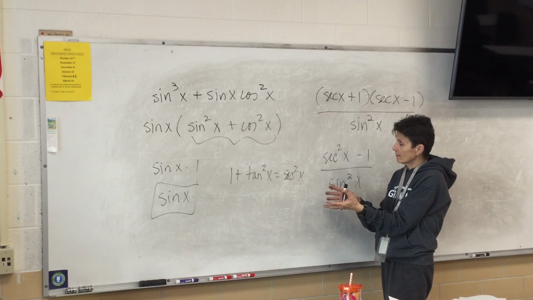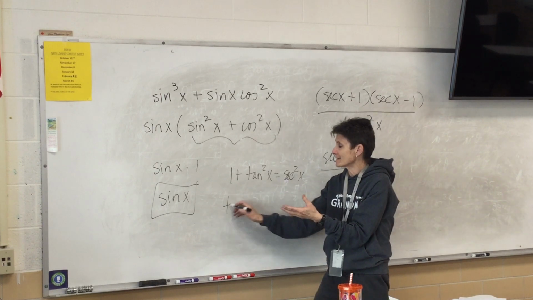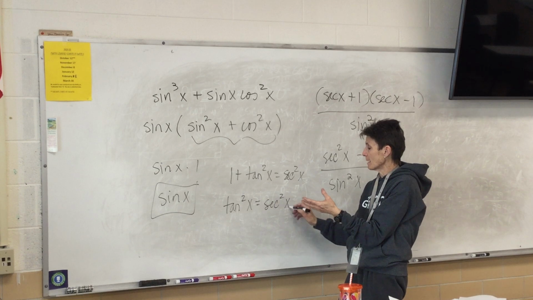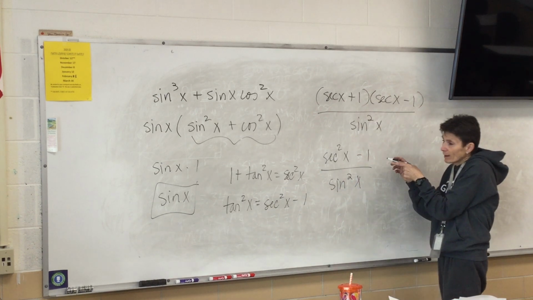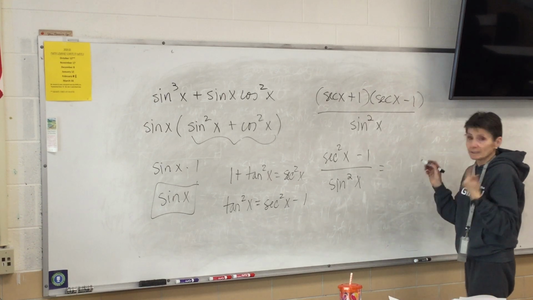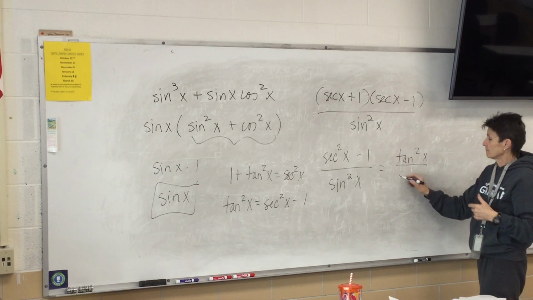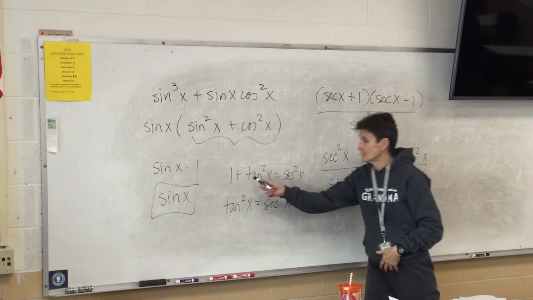So what if I move this 1 over here? Then wouldn't it say tangent squared equals secant squared minus 1? So see that numerator right there? That numerator is really tangent squared, because of this identity.